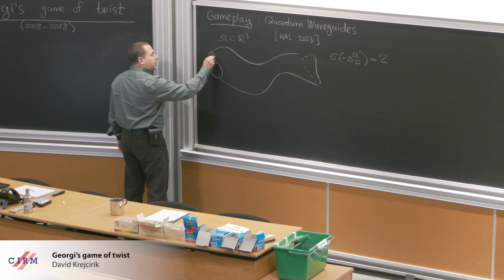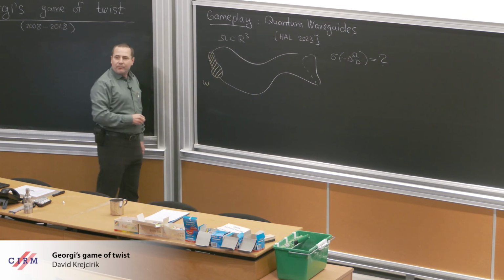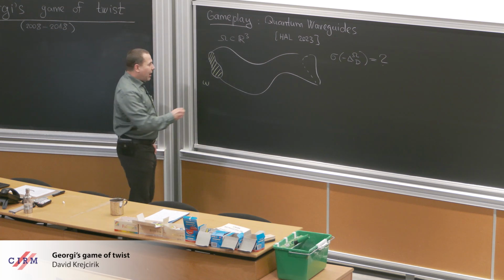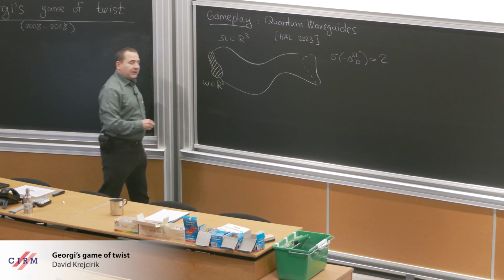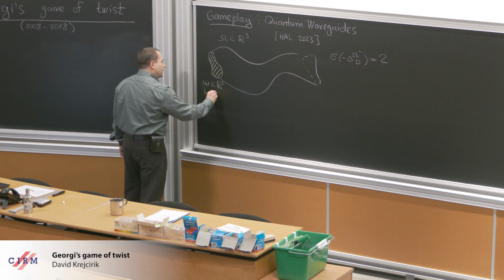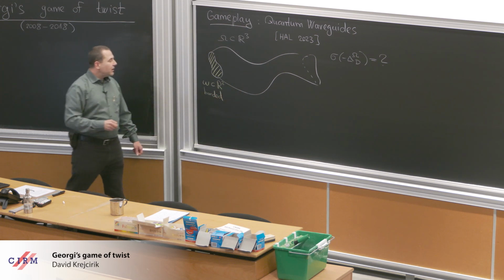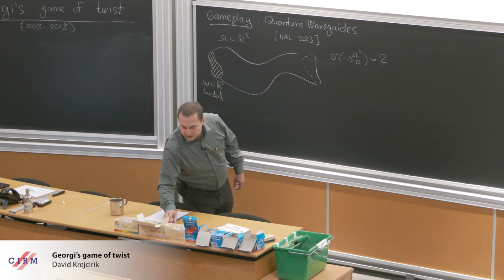The cross-section I will denote by small omega. It will be a bounded open connected set in R2. So bounded is the only assumption, no regularity.